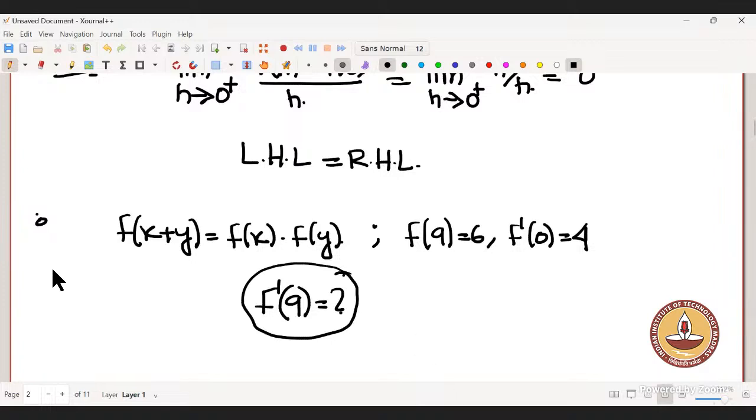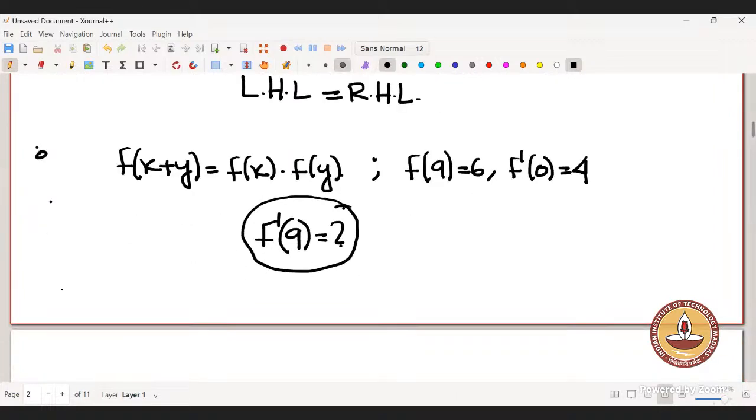It's given that f of 9 is 6. That means the function is not a zero function, meaning f of x is not equal to 0 for all x.